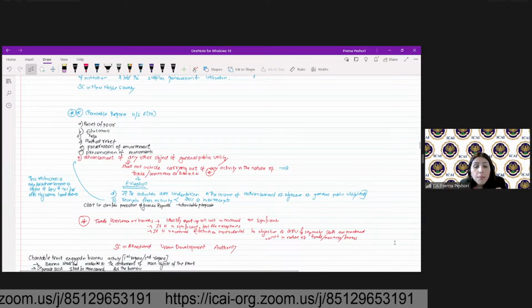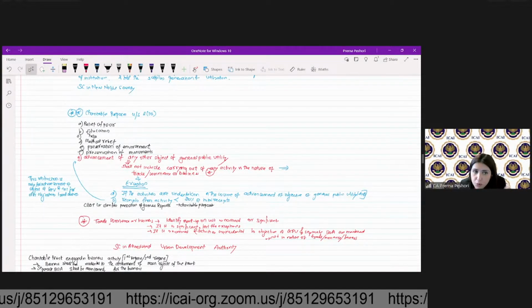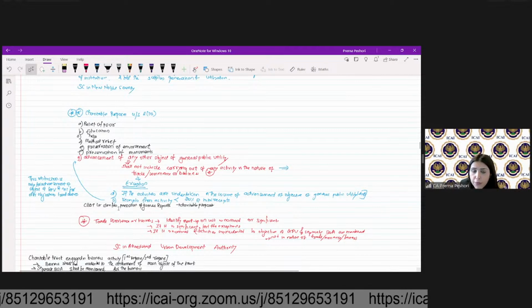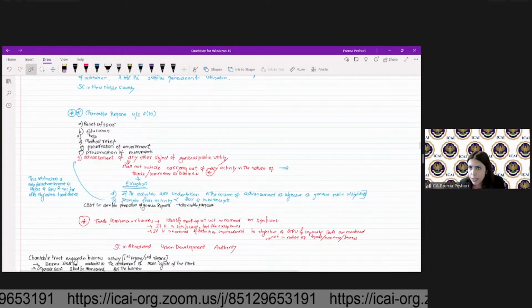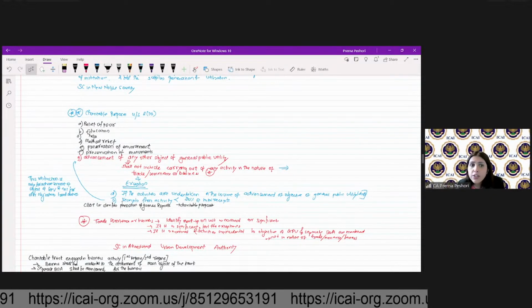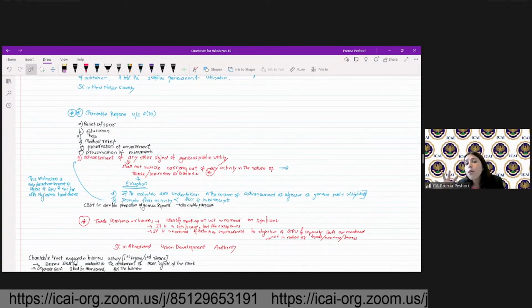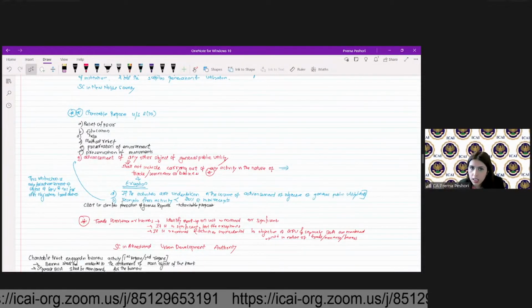So here, my question is that should we test this exception? First of all, whether we fall into this particular advancement of any other object of general public utility. Because if you fall under that, then only there will be a condition that it should not include carrying out of any activity in the nature of trade, commerce, or business.